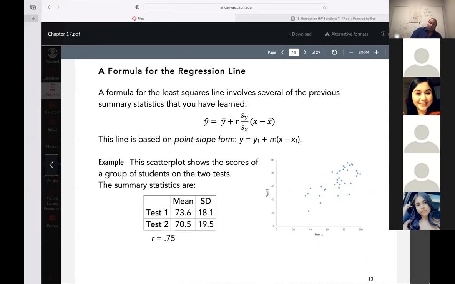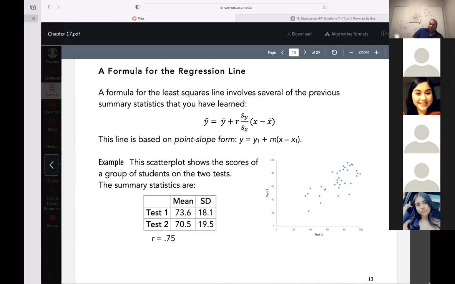It computes X bar, Y bar, SX and SY, and R. It throws everything into this formula, and out pops the answer. Y hat equals Y bar plus R SY over SX times X minus X bar. This is the formula of the best fit line.